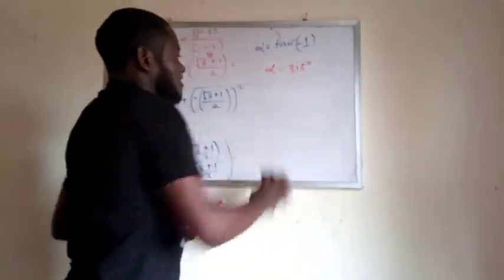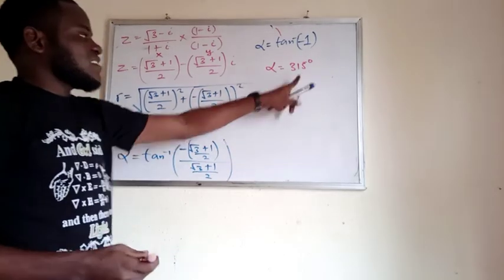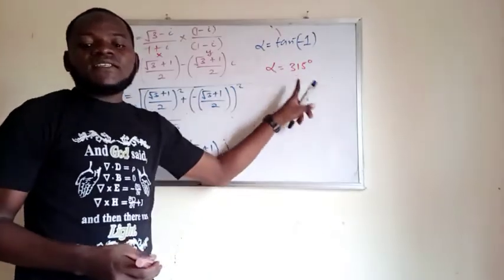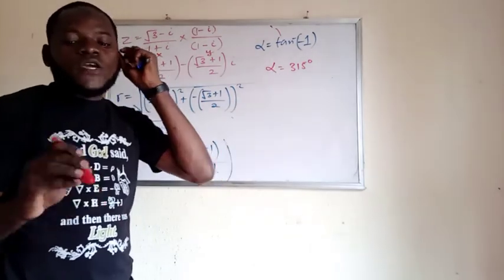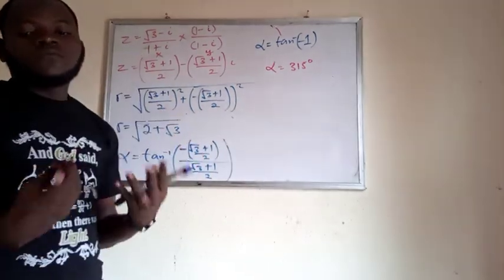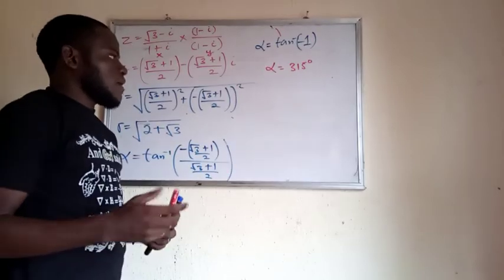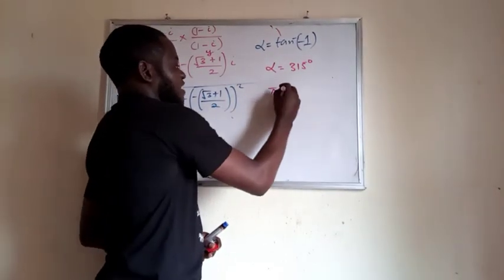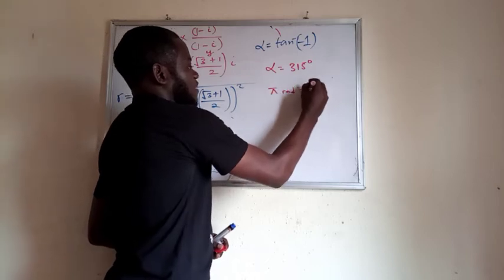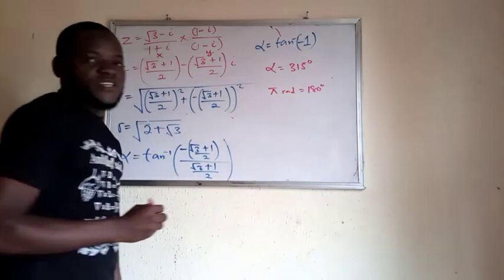Now, there is need for us to convert this to radian, because this is currently in degrees. And how can we convert this to radian? Remember that pi in radian is equivalent to 180 in degrees.